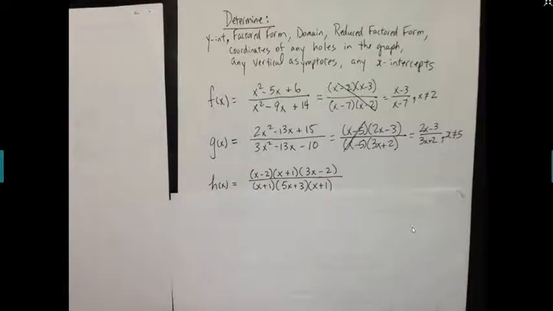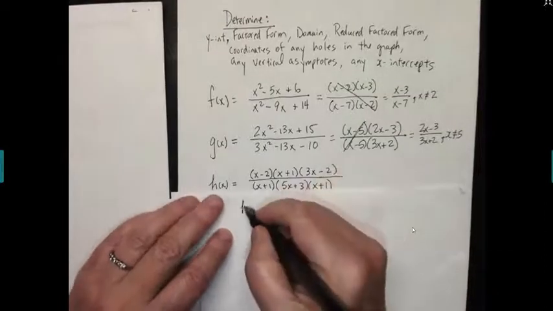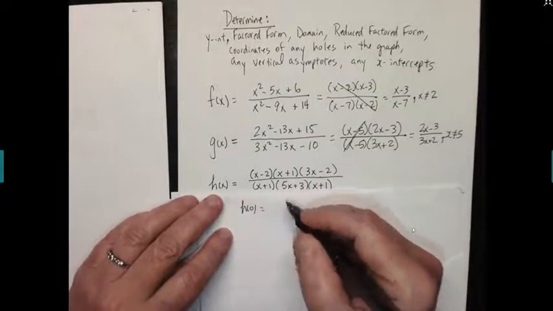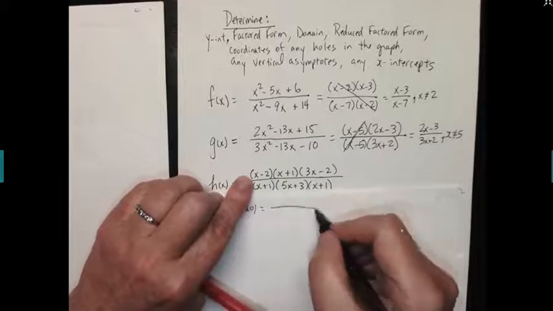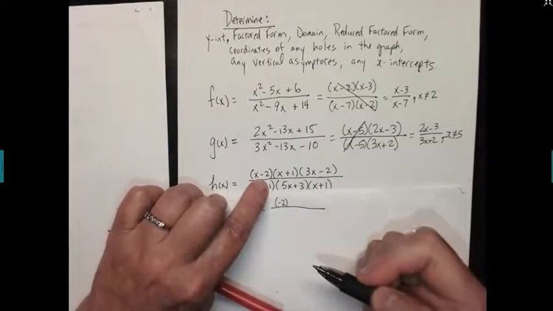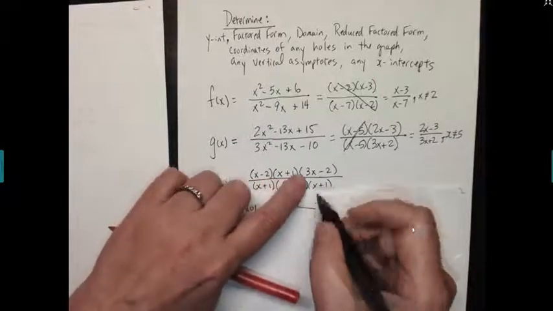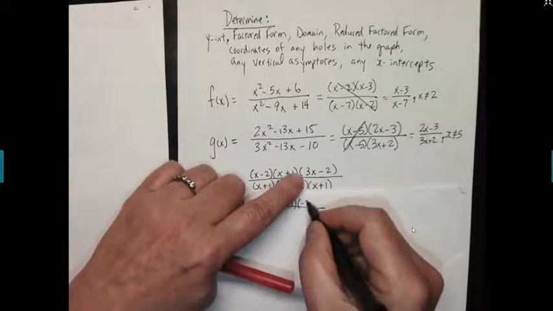So my y-intercept for this guy is found at h of 0. So when x is 0, the numerator is going to be 0 minus 2, which is negative 2, times 0 plus 1, which is 1, times 3 times 0 minus 2.